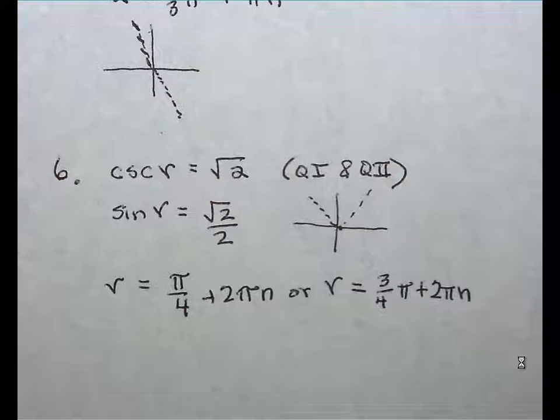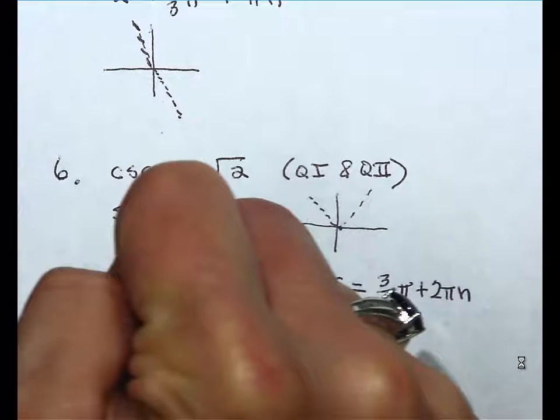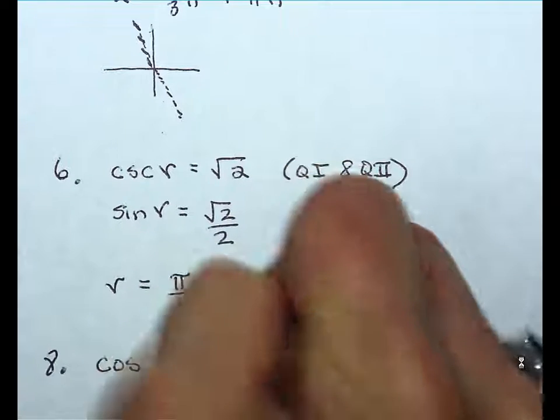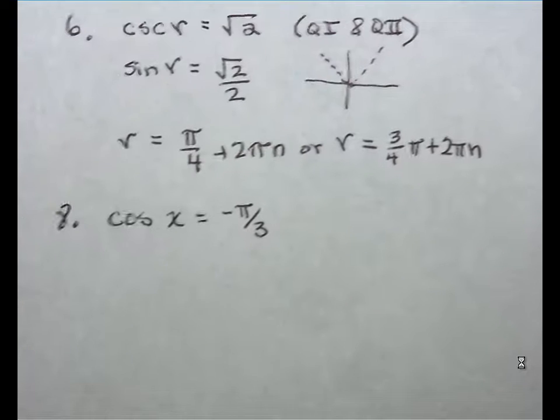Number 8, I'm glad you stayed for this one. Number 8, cosine x equals negative pi over 3. Now, I could find the cosine of negative pi over 3, but is that what we're doing?